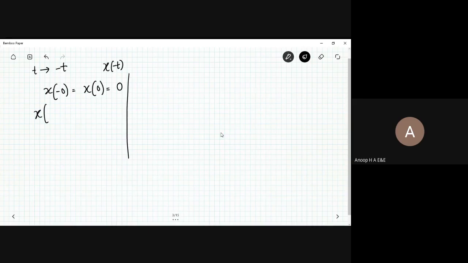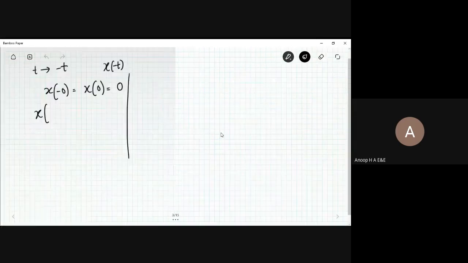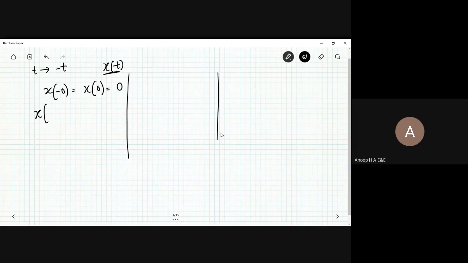Next, x of T by 2. When you move to the right hand side of the equation, that is t greater than 0, and this here represents t less than 0, and at the origin it is called t equal to 0. So x of 0 equals 0. This is the condition I'm specifying for x of minus t.